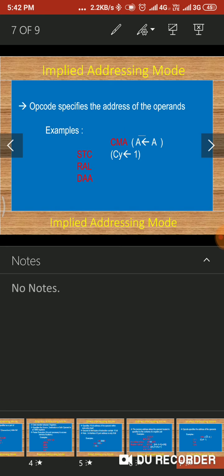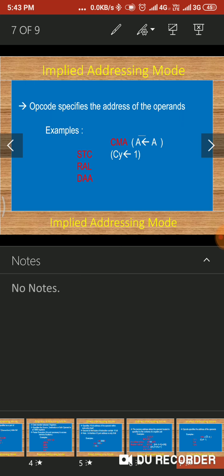Similarly, STC, that is set carry, the carry will be set to 1. Then RAL, rotate accumulator left. Then DAA, decimal adjust accumulator. These instructions do not have any operand, so they come under the implied addressing mode.